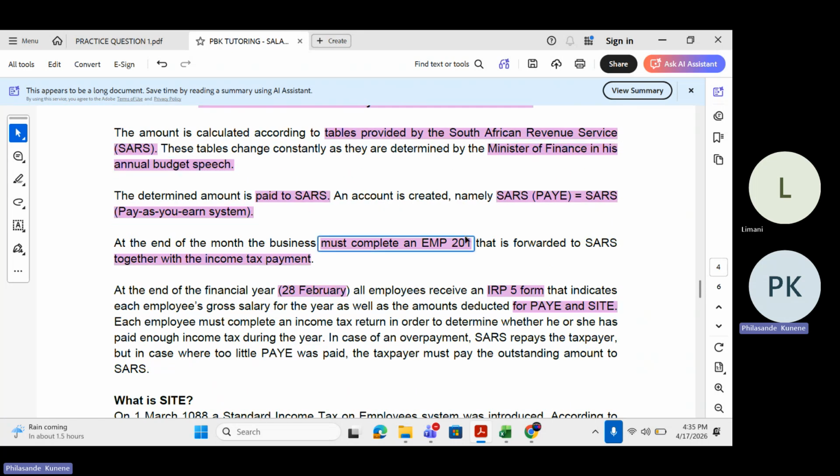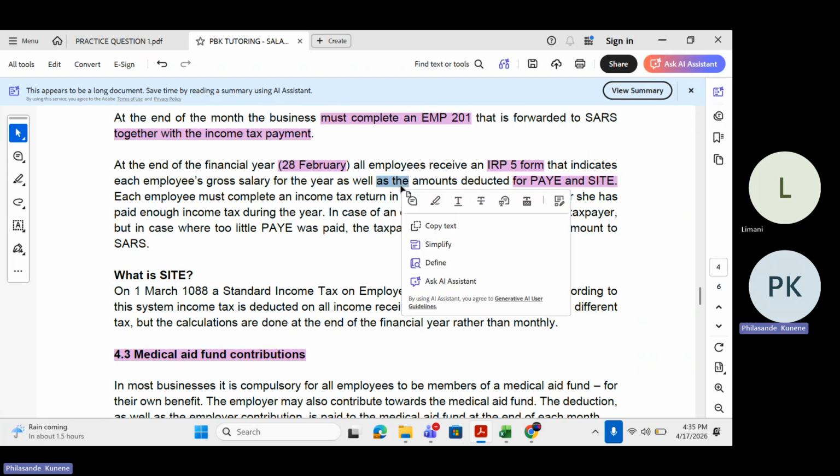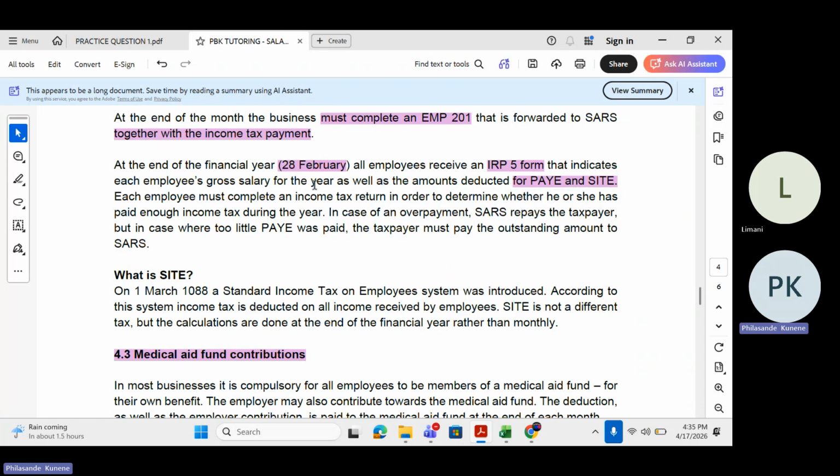This EMP201 is completed monthly, which means it indicates monthly salary for each and every employee, and it is forwarded to SARS with the payment. But IRP5 is done once a year, which means it indicates an annual salary, which is salary for 12 months, together with the annual pay-as-you-earn payments that were made to SARS.